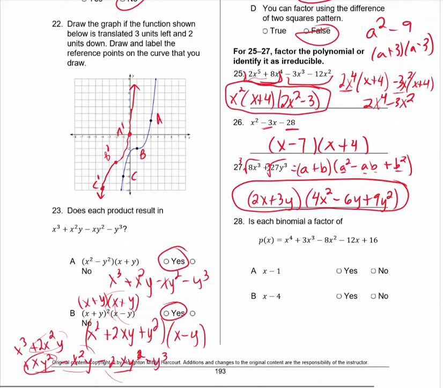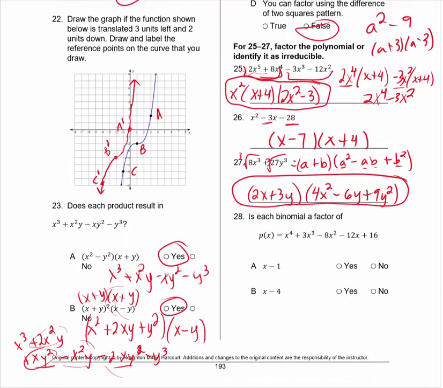Moving right along. 28. Is each binomial a factor of this long polynomial? So if it's a factor, then if I use synthetic division with the thing that would make this 0, then I should end up with a 0 at the end. So I'm going to do synthetic division with 1 and then with 4.